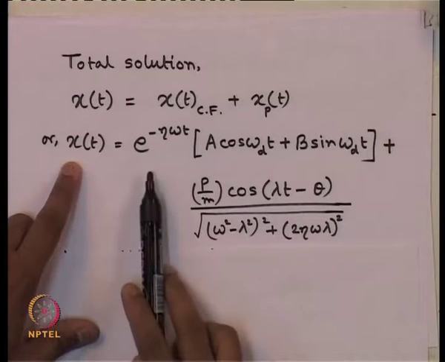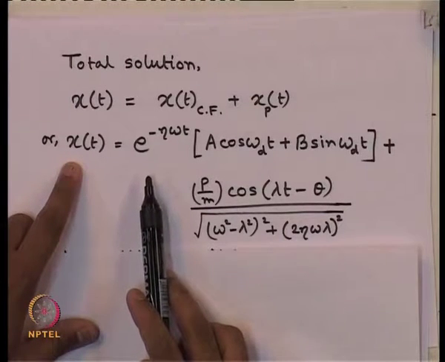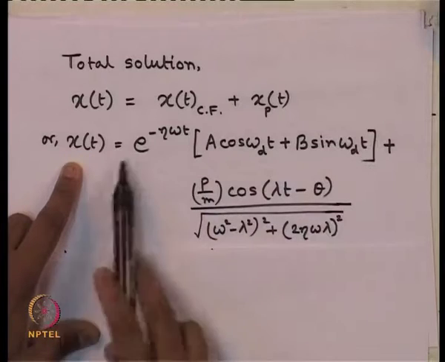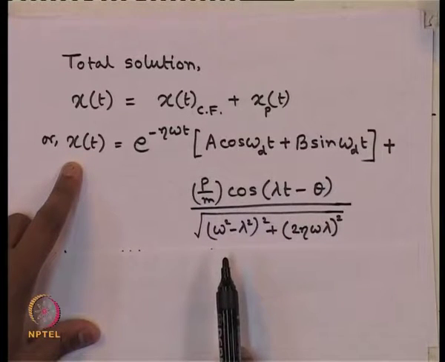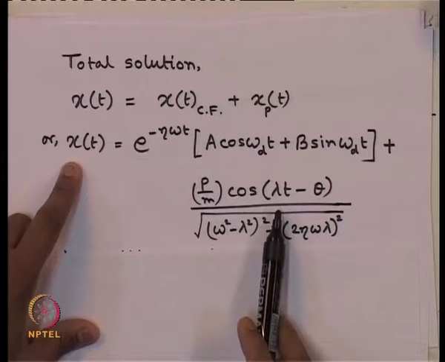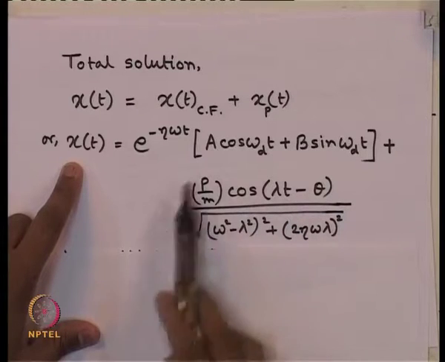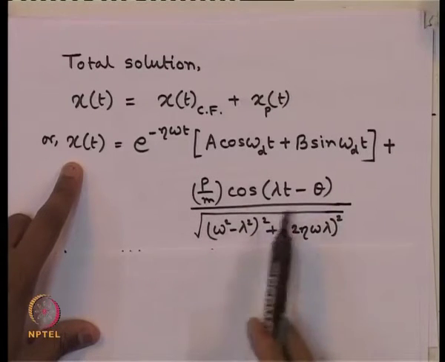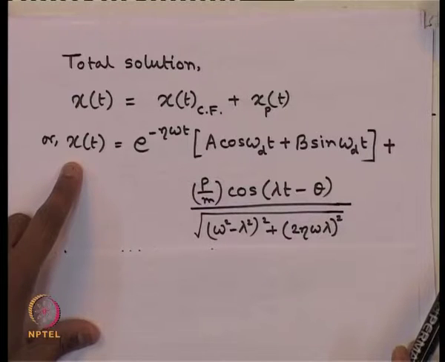So, when t tends to infinity, what happens to the complementary function? It dies down, it goes to 0, as we have seen for the case of underdamped free vibration. However, the particular integral is a harmonic function with some coefficient, so that harmonic function will keep on continuing, it will not reduce.